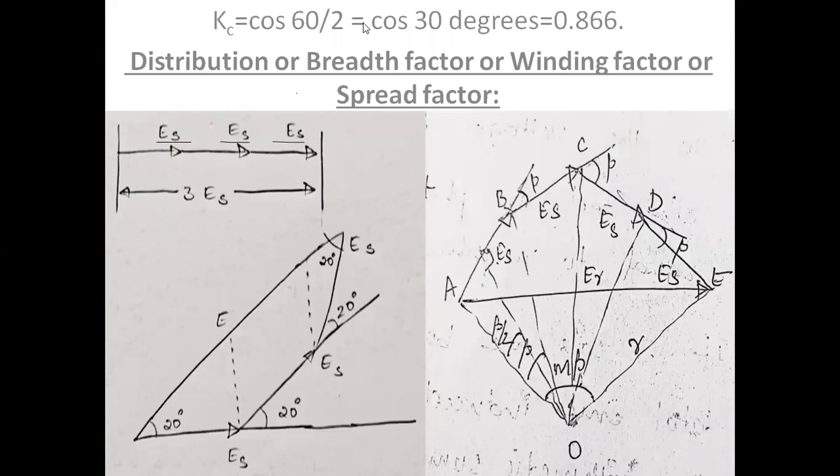If the angle of short pitch is 60, then we can say cos 60 by 2, that is equal to cos 30, 0.866. So this is short pitch. What is the formula? Cos alpha by 2. Alpha is the angle by which it falls short.